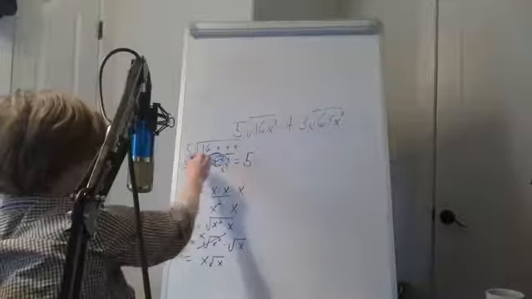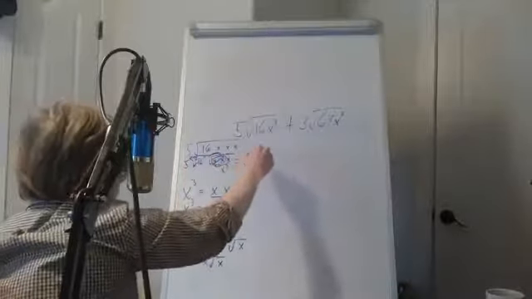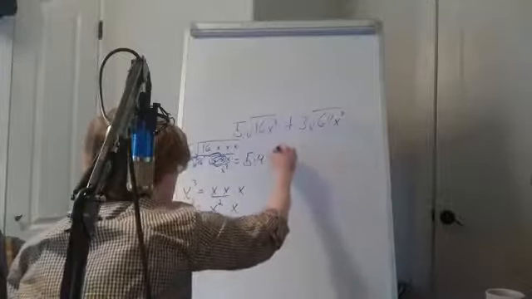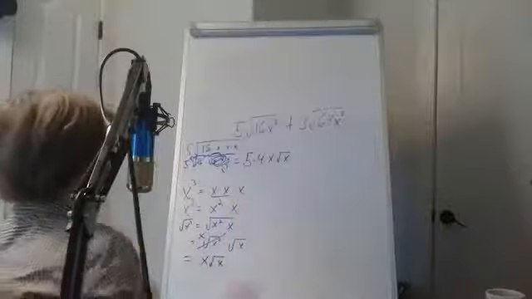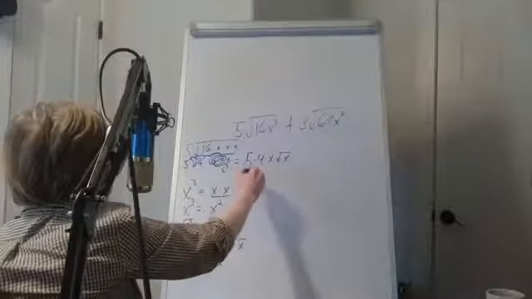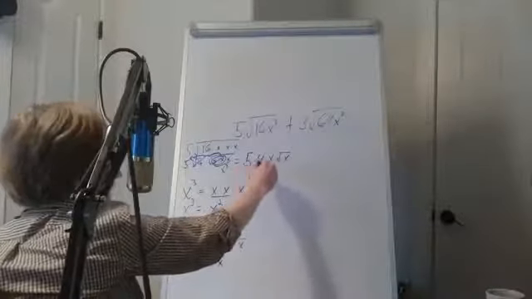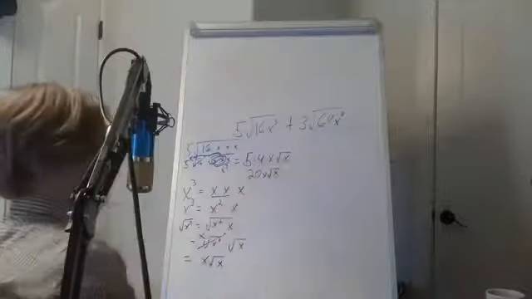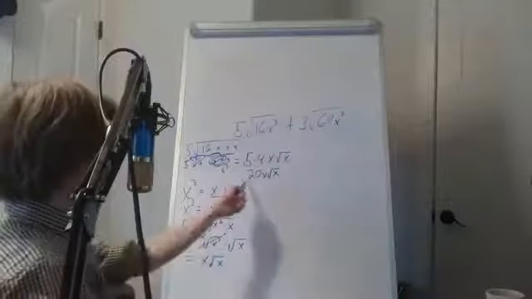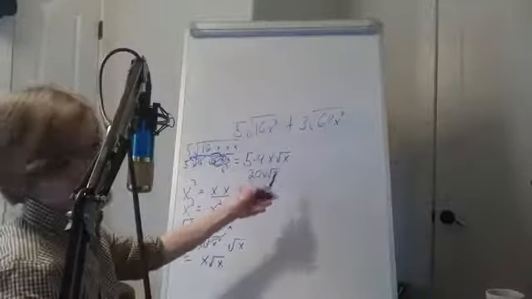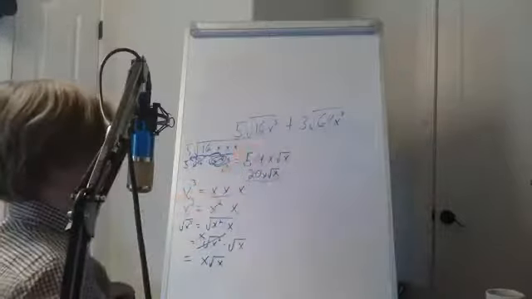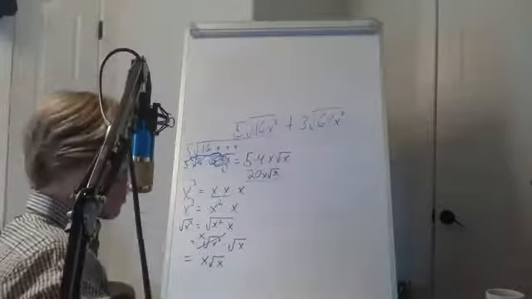We pulled the 4 out, so we have 5 times 4 times x times the square root of x, because that's what's left under the radical sign. So 5 times 4 is 20, and 20 times x is 20x times the square root of x. This is the simplified version of 5 times the square root of 16x cubed.